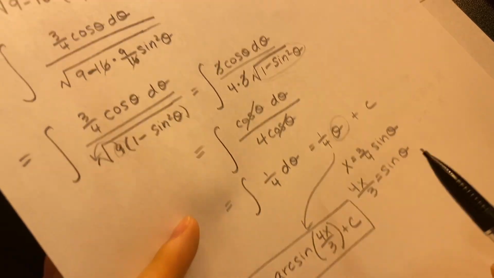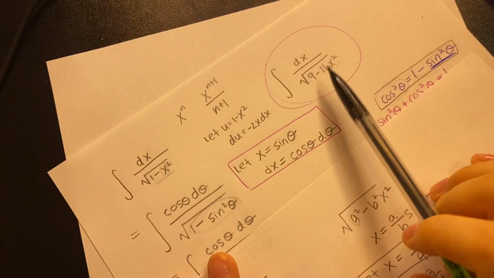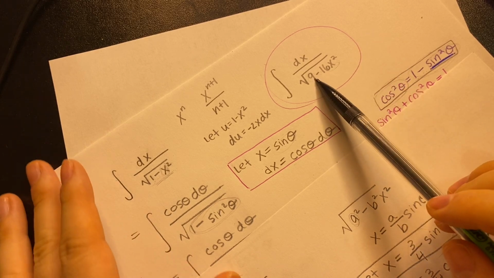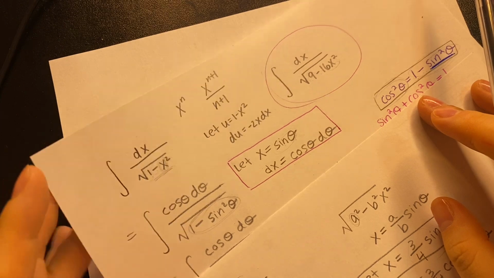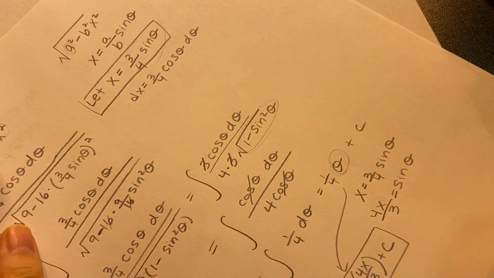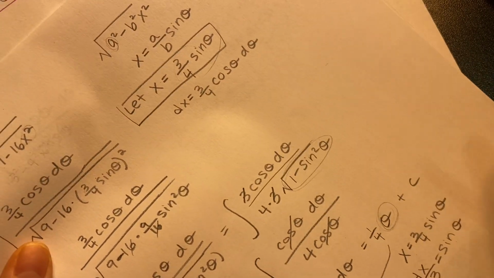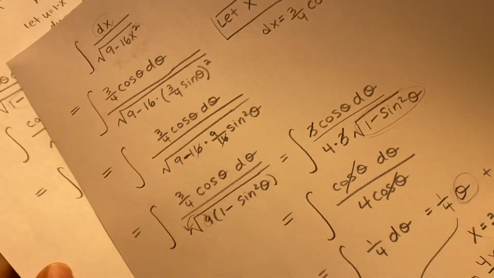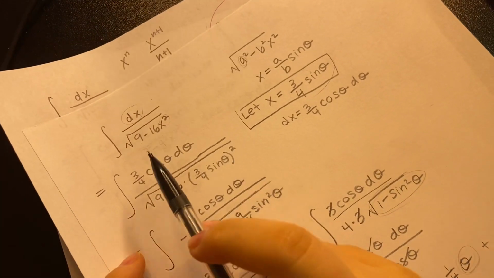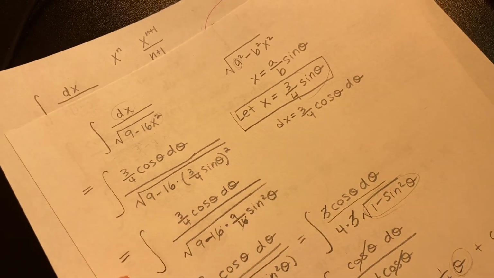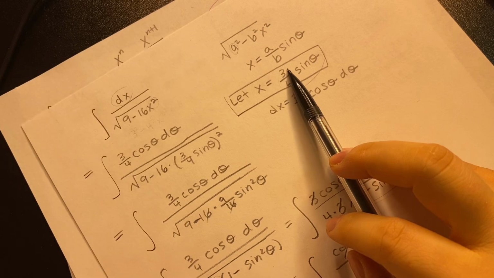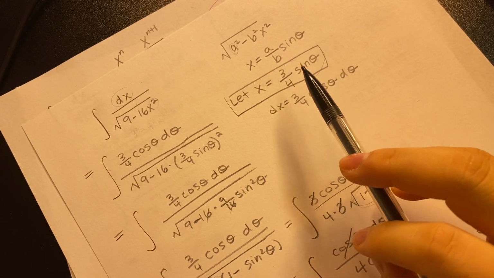So the 4 and 3 are definitely from this 9 and 16 being 3 squared and 4 squared. But no need to memorize this form here, just really recognizing that all we're looking for is 1 minus stuff squared is enough. And then you can memorize this a over b sine theta if you want to.